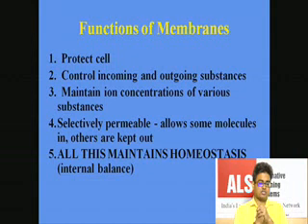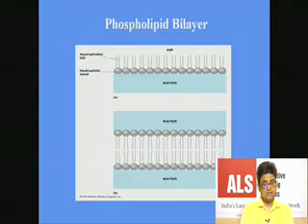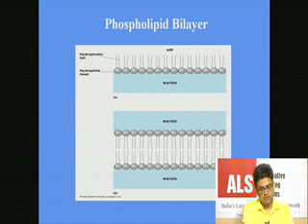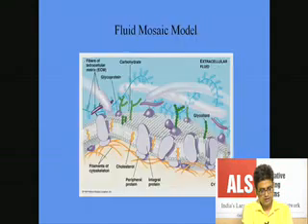It maintains ion concentrations of various substances. It is selectively permeable and allows some molecules in while others are kept out. This maintains the balance of the cell, and this balance maintenance is called homeostasis. The cell membrane is a phospholipid bilayer. This is how it looks.